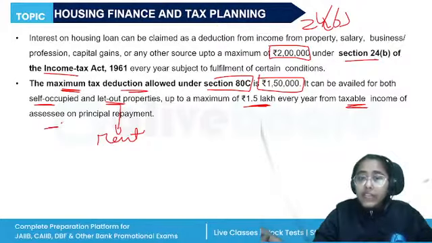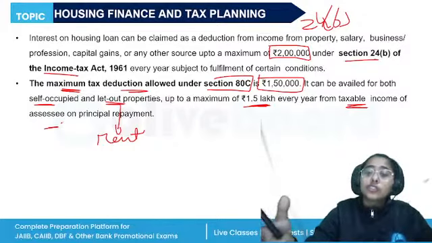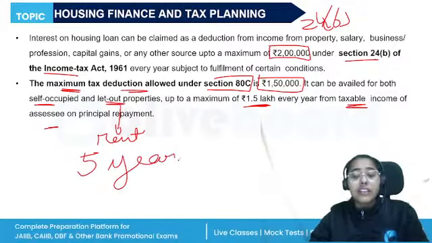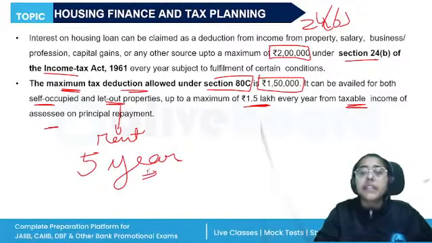So if a house property for which the tax benefit was availed is sold within a period of 5 years, then the tax benefit will not be eligible for claim in that financial year. Right? So if it is sold within a period of 5 years from the end of the financial year in which the property has been received, then it will not be eligible for claim.